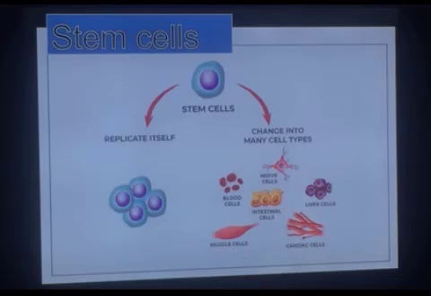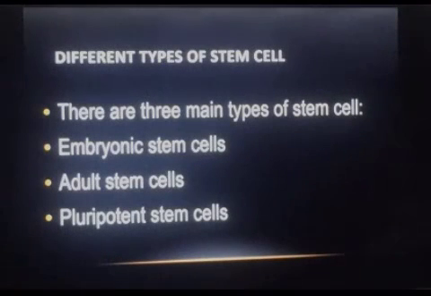These cells are actually multipotential during embryonic life, and after birth most of them become silent. There are three types of stem cells: the embryonic stem cell, the adult stem cell, and the pluripotential stem cell.